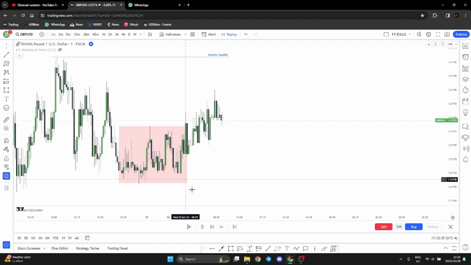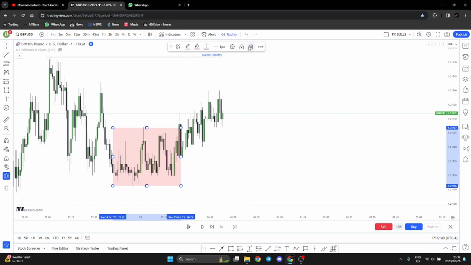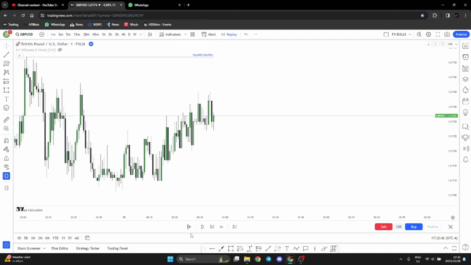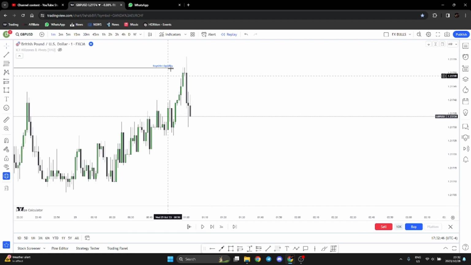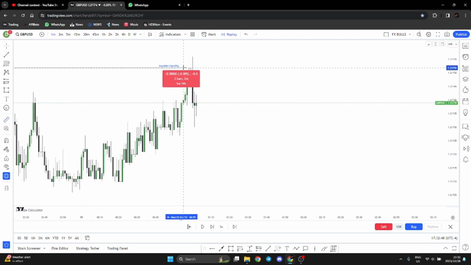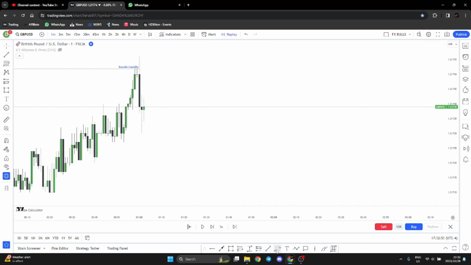It doesn't really move anywhere, but okay. So let's just wait for price. Okay, price grabs the buy side liquidity. Now we want displacement beneath these lows here.